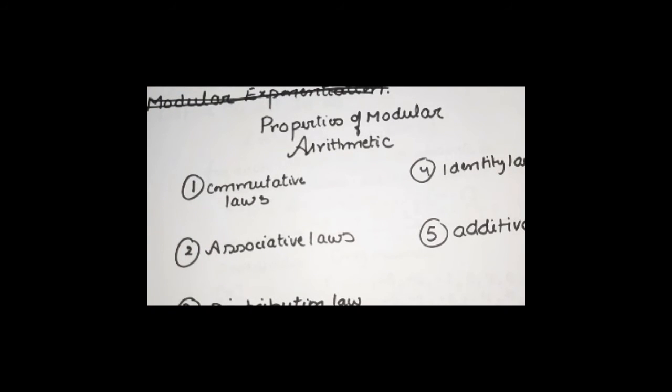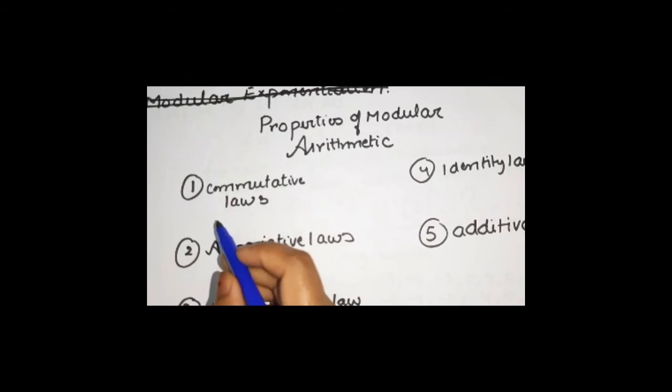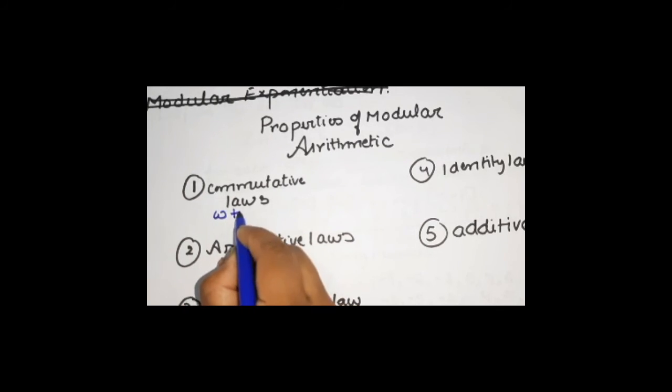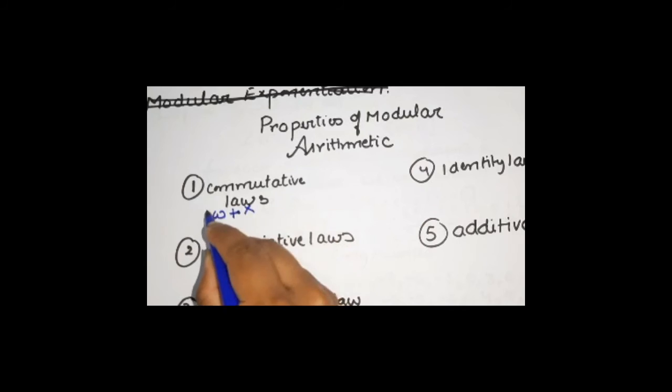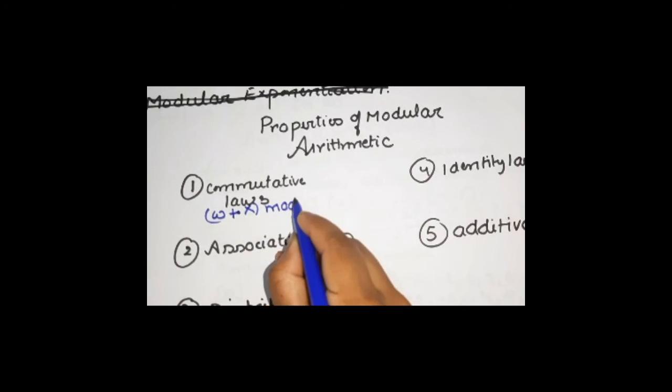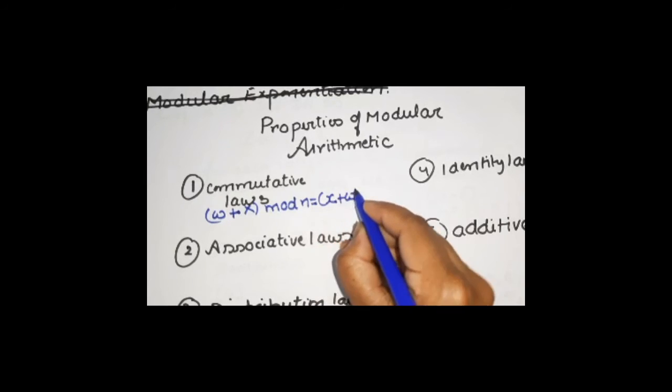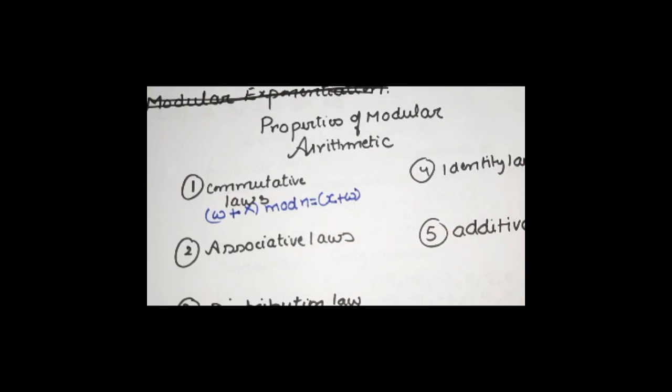What laws are held by modular arithmetic? The first law that holds is the commutative law. How can you write the commutative law? You can say that W plus X mod n is equal to X plus W mod n.